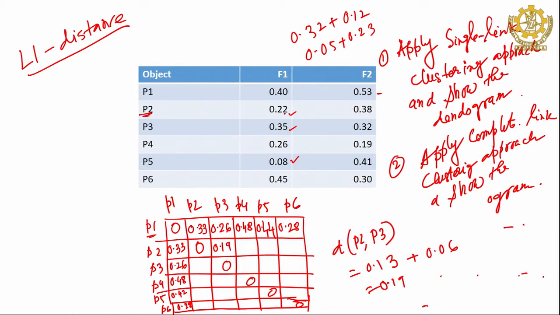Then P2 P4 is 0.04 plus 0.23, right. P2 P5 is 0.14 plus 0.03, so 0.17.